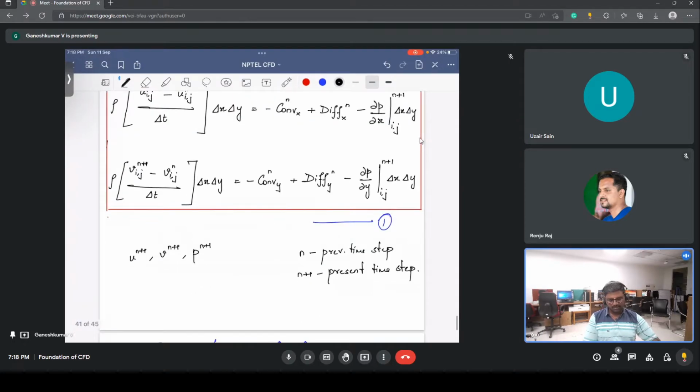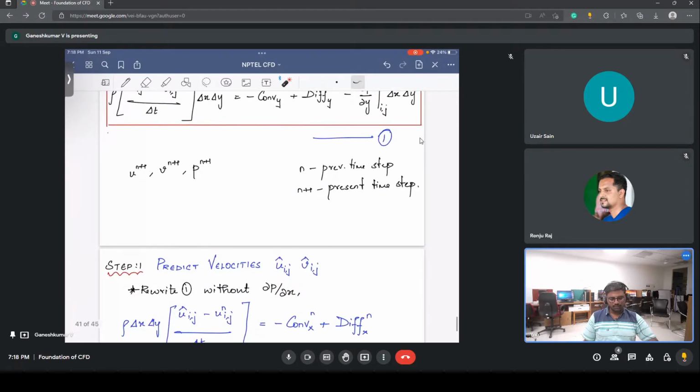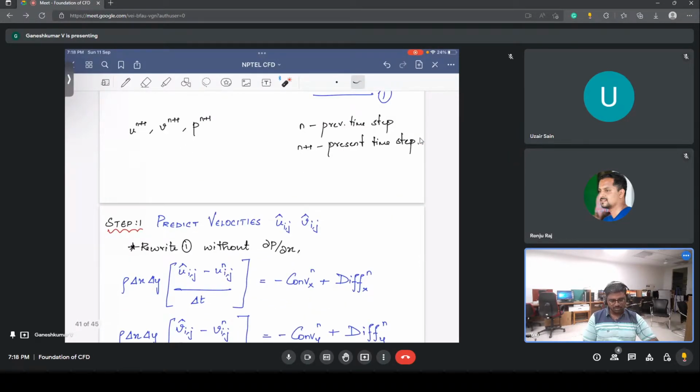Similarly, you have to add w at n plus 1 also. So you have four equations and four unknowns. But these are highly non-linear systems, so there is some method to solve these coupled equations, right?